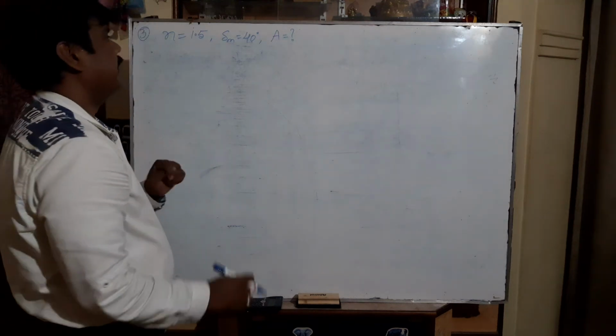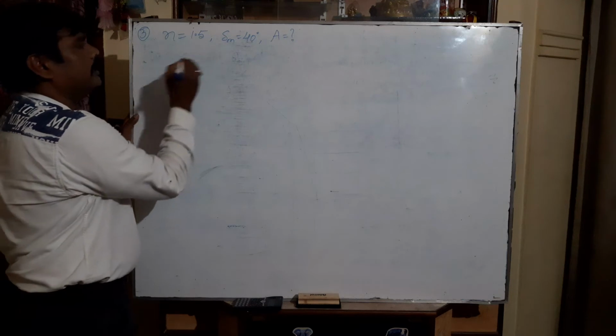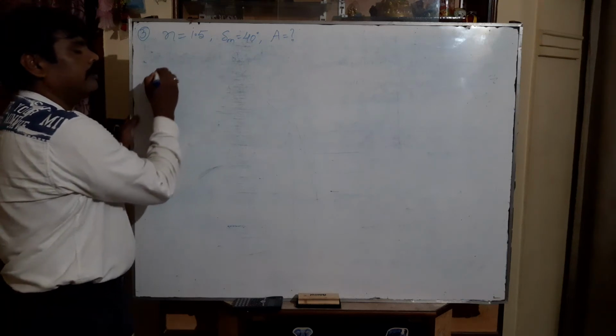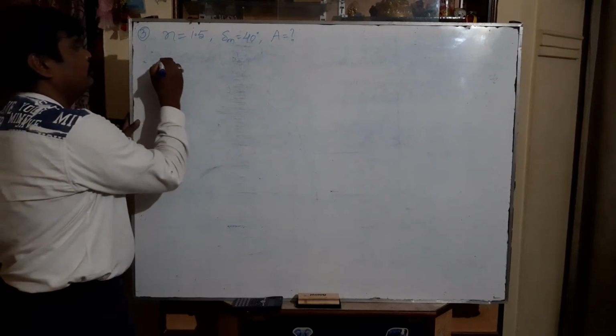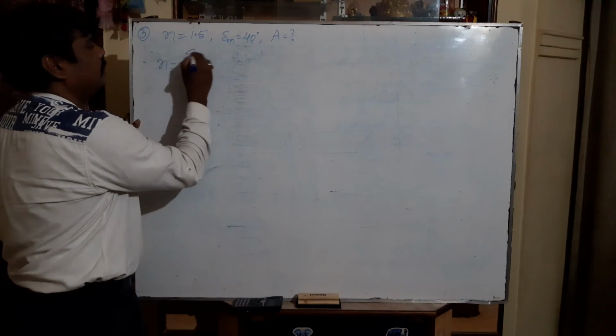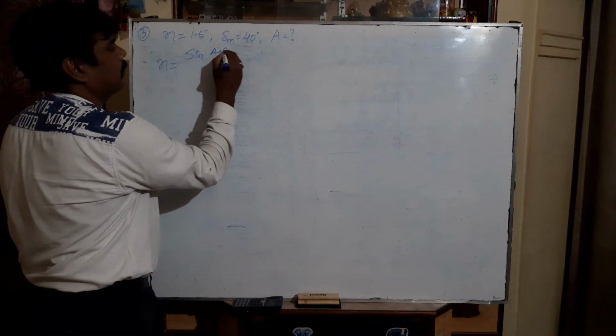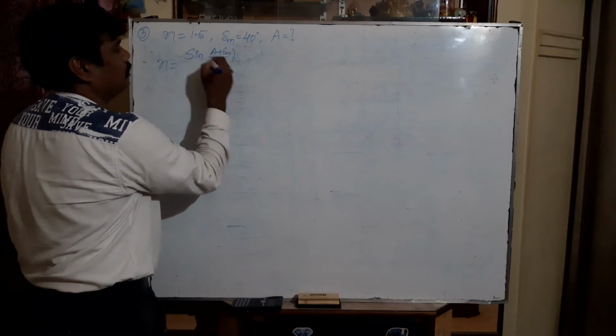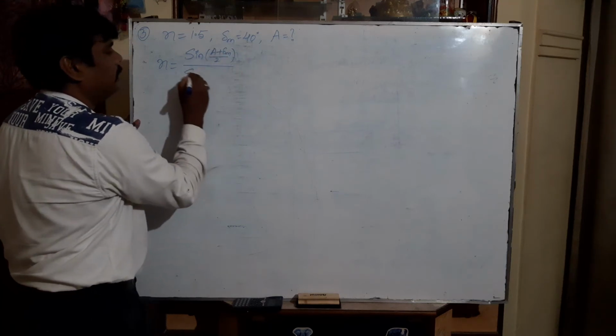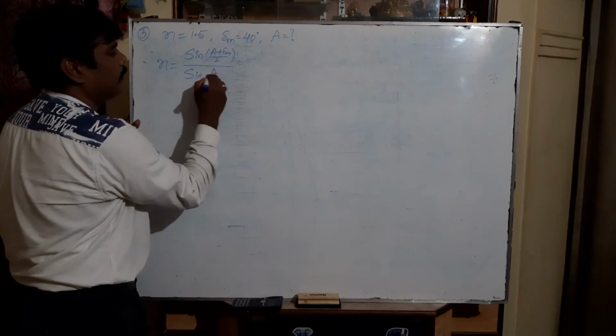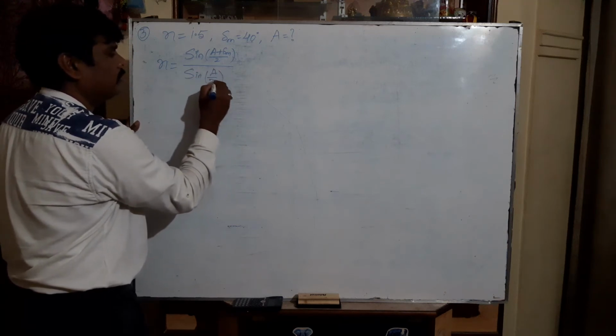So I will tell why it is lengthier. See, the related formula is the same as what we have used in both previous problems. n is equal to sine of (A plus delta m) by 2, whole divided by sine of A by 2. Same problem, same formula.